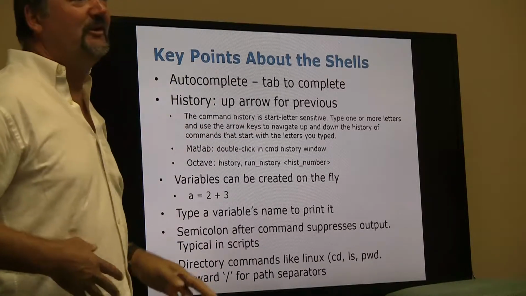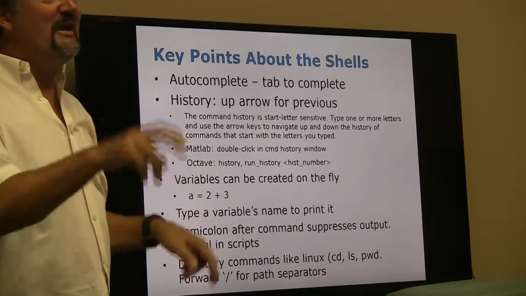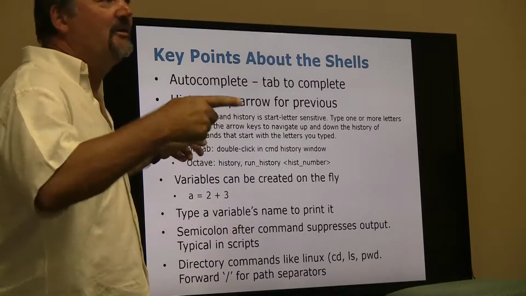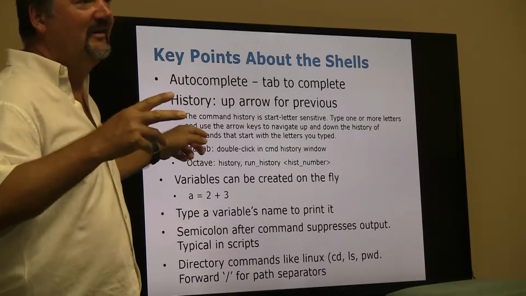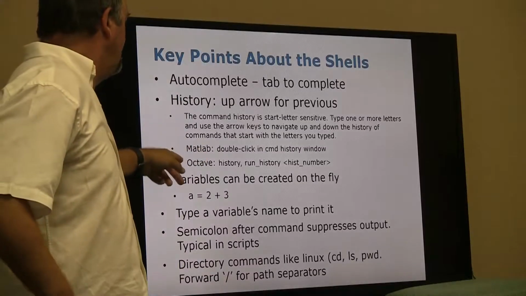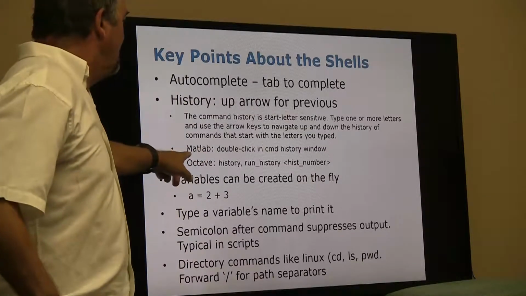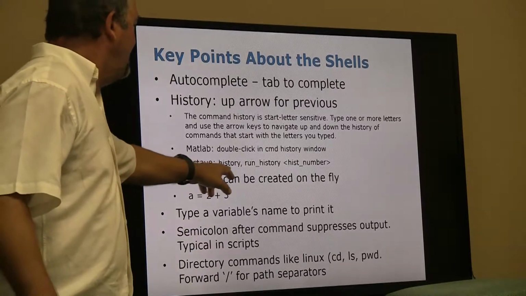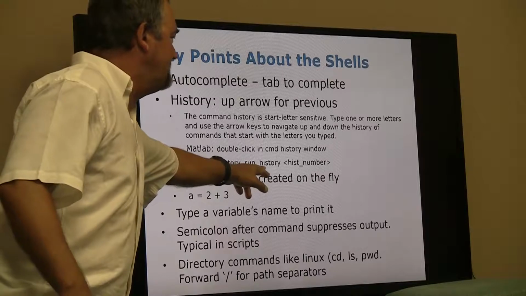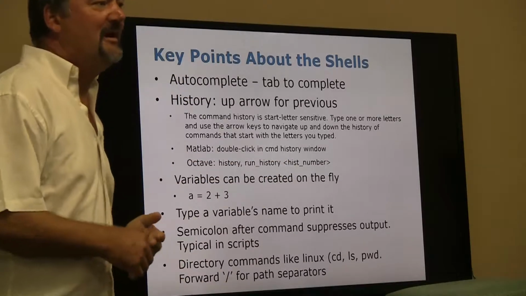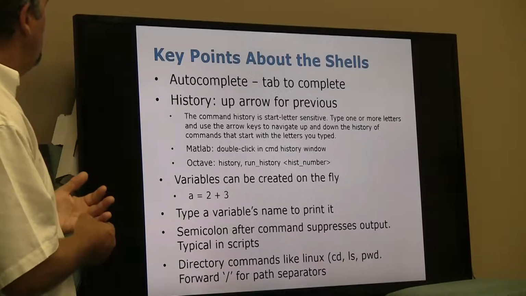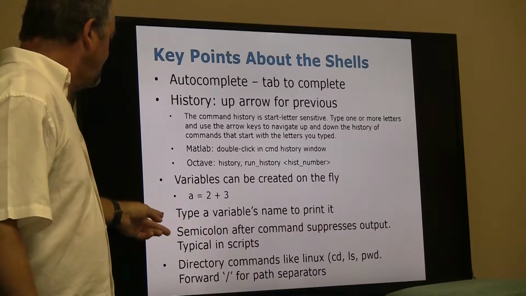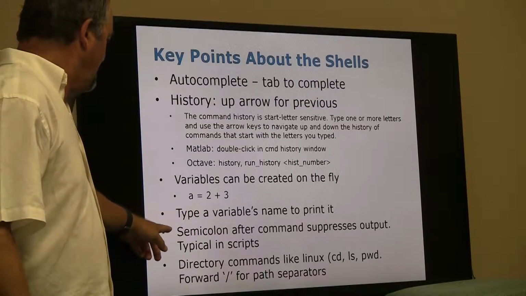So if you last ran plot, then you type PL, and then the arrow key will cycle through all of the plots that you've done. In Matlab, you can double click in the command history window, which is very convenient. Octave has a history command and a run history command that takes a history number. So both of them have good history support. You can create variables on the fly. You type a variable's name to print it.